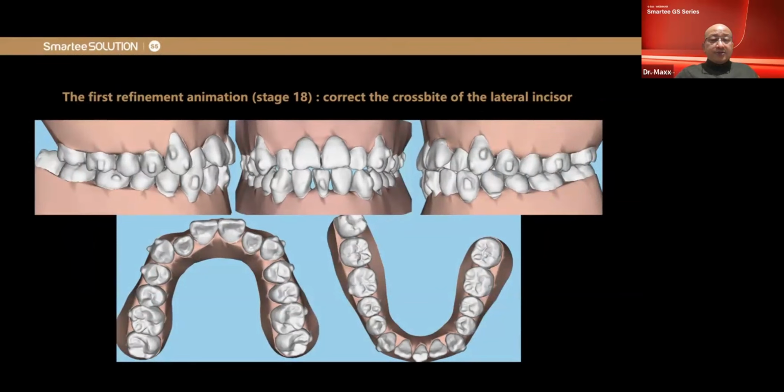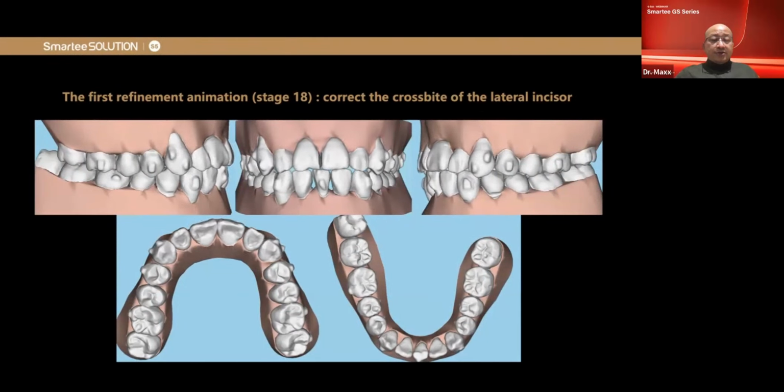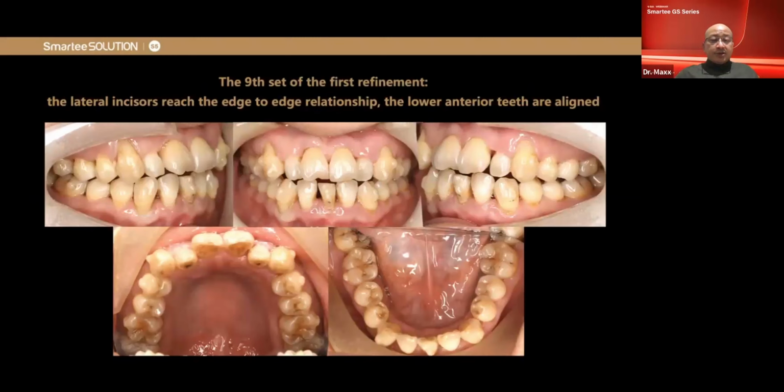In the refinement, you can see the upper lateral incisor proclination. Did they have any interference with the lower dentition? Let me check. This is the 9th stage. The lateral incisors reached the edge-to-edge relationship, and at the same time the lower anterior teeth are quite aligned, and there's no interference.